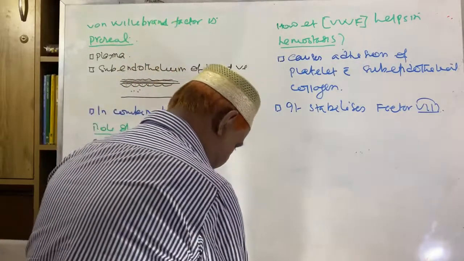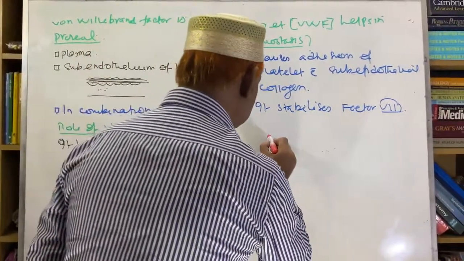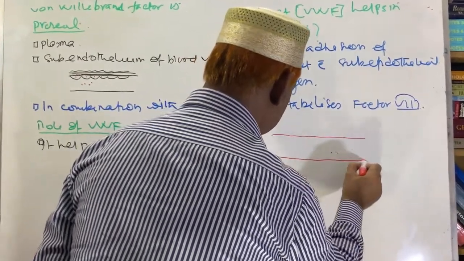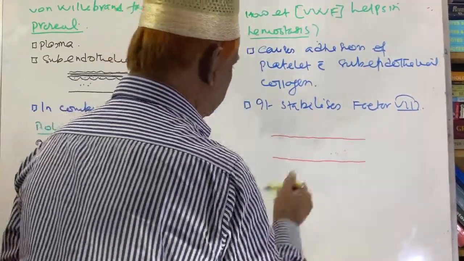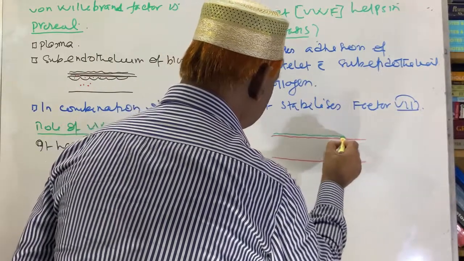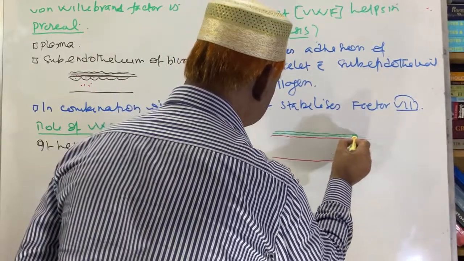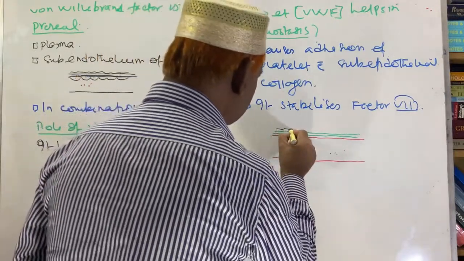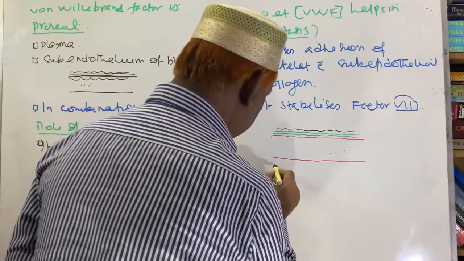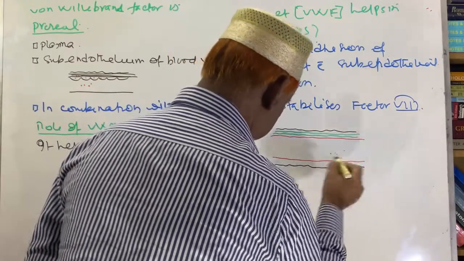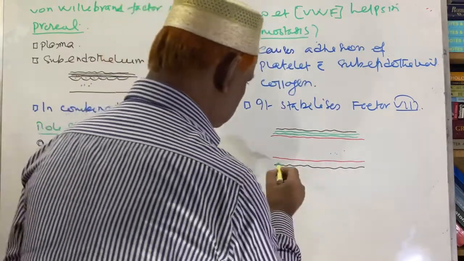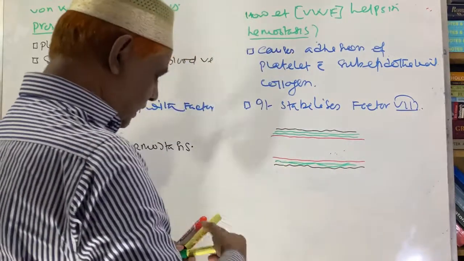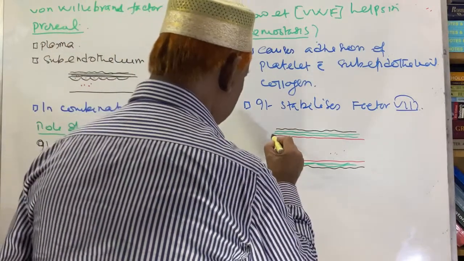Dear audience, suppose this is the blood vessel. Then this is the tunica media, and this one is the tunica adventitia. And this is the lining endothelium.